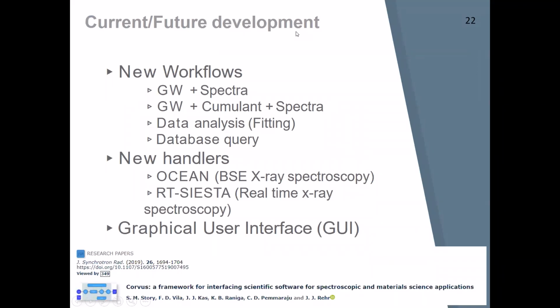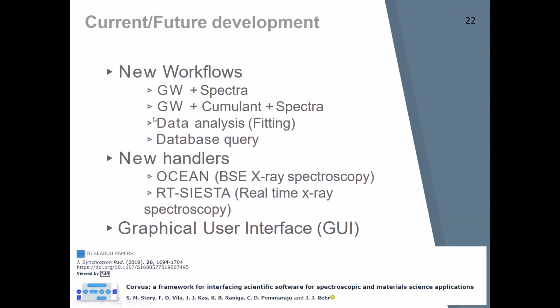Of course we'll have some other developments and things we are working on as well. We're going to be looking at putting in GW plus cumulant spectra, for example. We also have a start on using the cumulant to get X-ray photoemission spectroscopy. This is the real-time SIESTA version of this cumulant spectral function. And then that also can be used as a convolution to get improved X-ray absorption spectroscopy, which includes satellites.